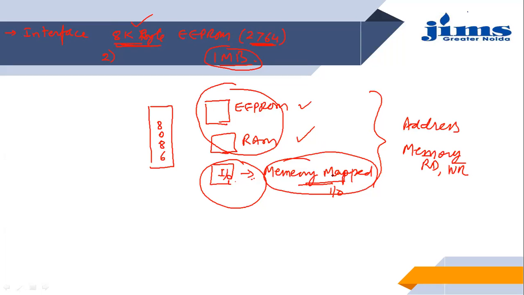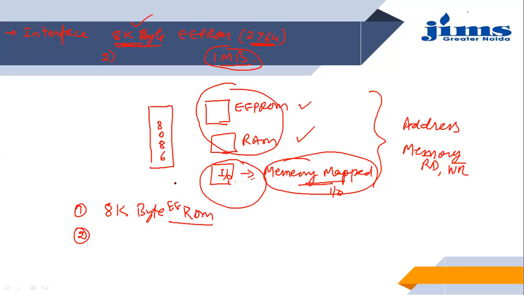We are taking up a specific example: we want to interface 8 kilobyte of ROM, which is nothing but the EEPROM. Whether you want to interface one or two of them, what should we know? How to begin?